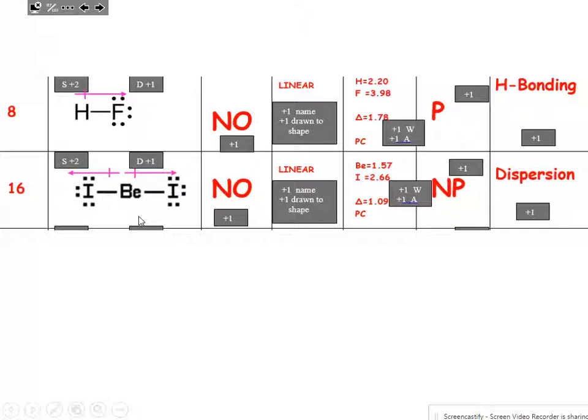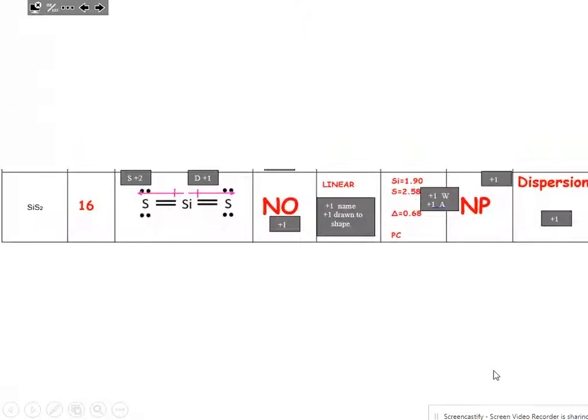BeI2, this is a structure, 2 points. 1 point for dipoles, no resonance, linear. Make sure you draw it that way. Polar covalent, nonpolar, dispersion. SiS2, here you have 2 double bonded S's with the Si. This looks like CO2. No resonance. It's linear. You should draw it straight across.